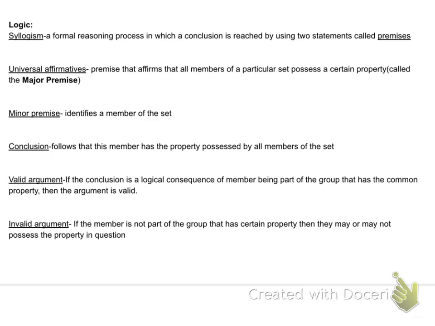Those two premises, guys, are the second and third lines: a major premise and a minor premise. The major premise is a universal affirmation, and it basically states that a group has equality.